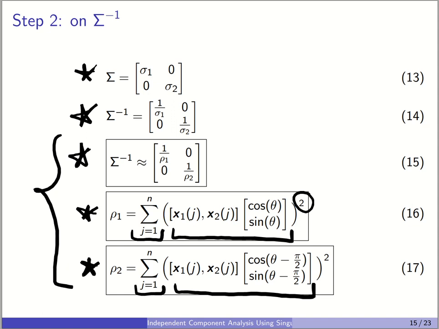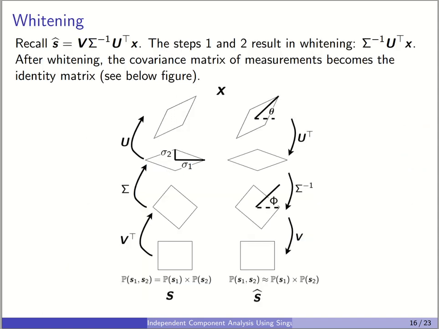But what is this? After this, I'm repeating the figure here, you can see that from this we have come to this, and this means that we are making the covariance equal in each different direction. In other words, we are making the covariance matrix the identity matrix.